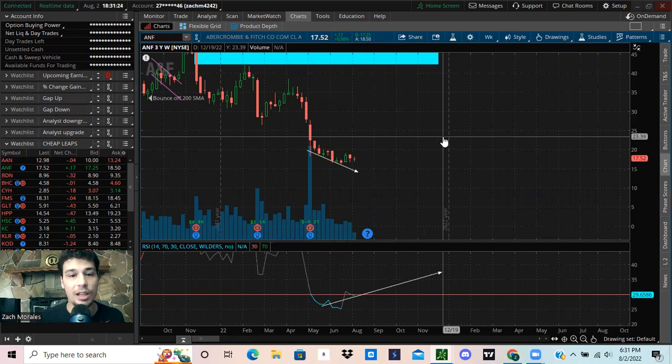Well, typically when a stock is oversold below 30 on the RSI, it tends to recover afterwards, right? Now, it's not a quick guarantee that the stock is going to just shoot right up, but that's how the RSI works. That's how the relative strength index works. Okay. Below 30 is typically oversold.